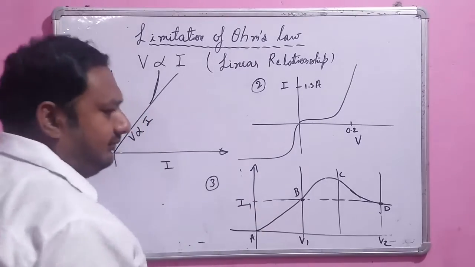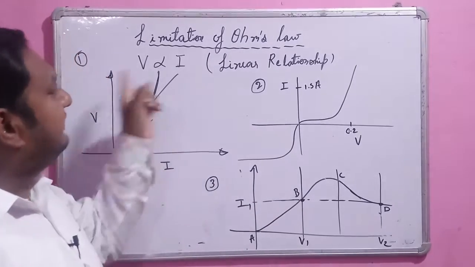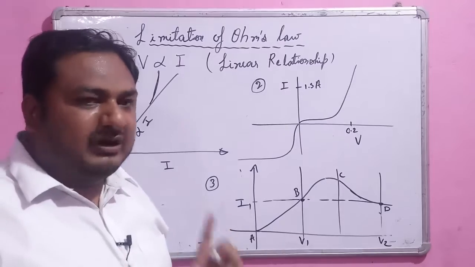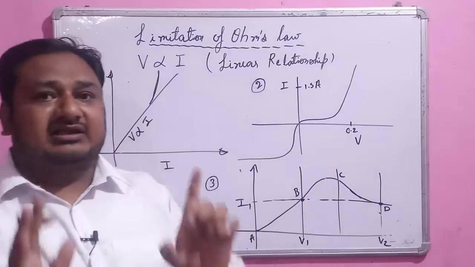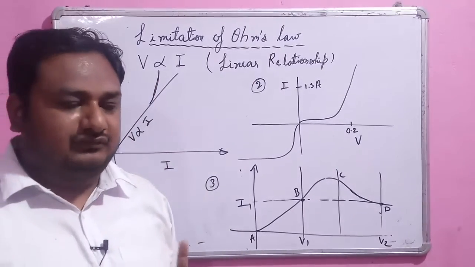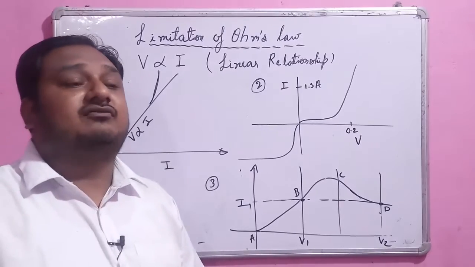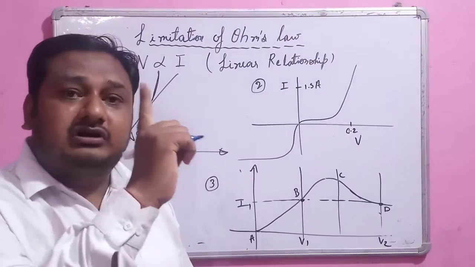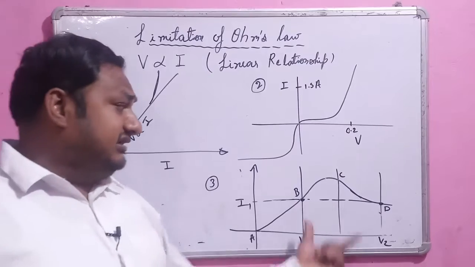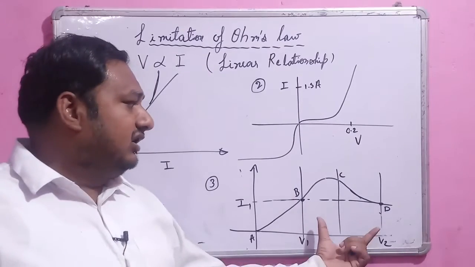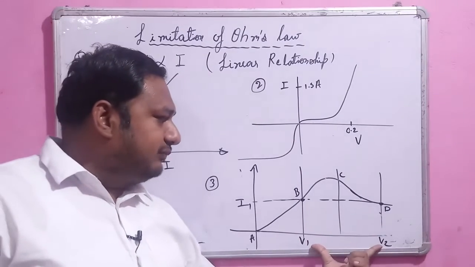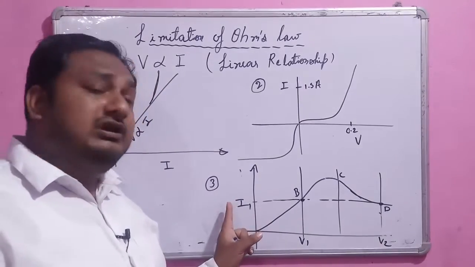Suppose this is I1. And what does the relationship tell? That for a particular value of potential difference, you will get a unique value of current. But in this graph, we are seeing that for two values of potential difference, we are getting only one current.